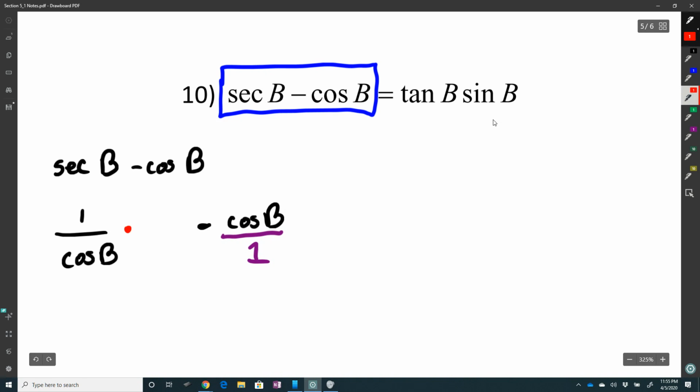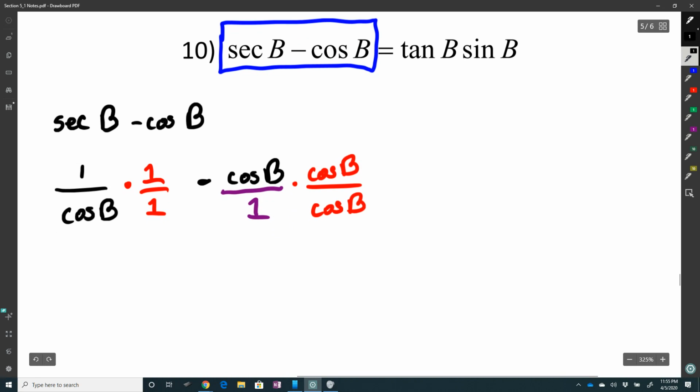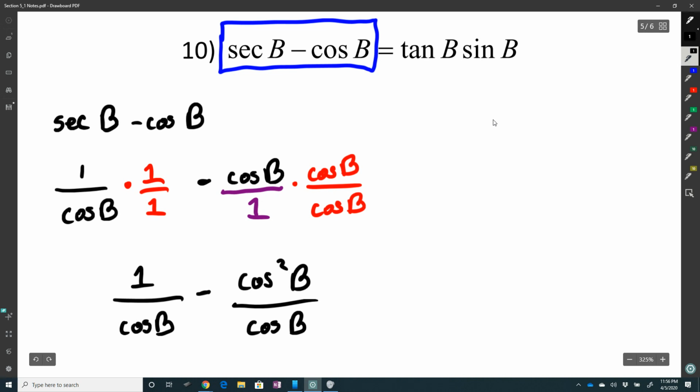So really I'm going to multiply this side by 1 over 1, which doesn't do anything. But I'm going to multiply this side by cosine b over cosine b. When that happens, notice I end up with 1 over cosine of b minus cosine squared b over cosine b.